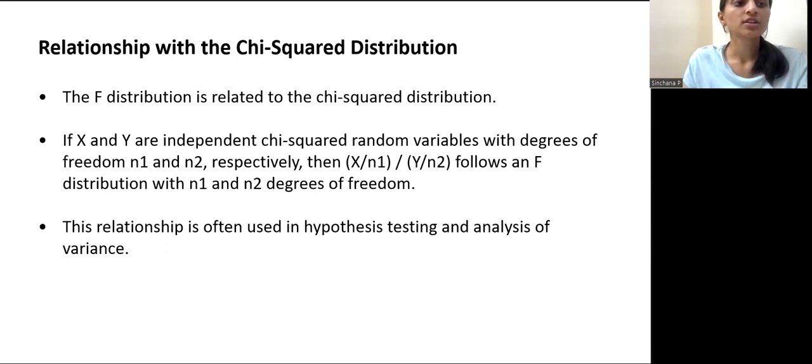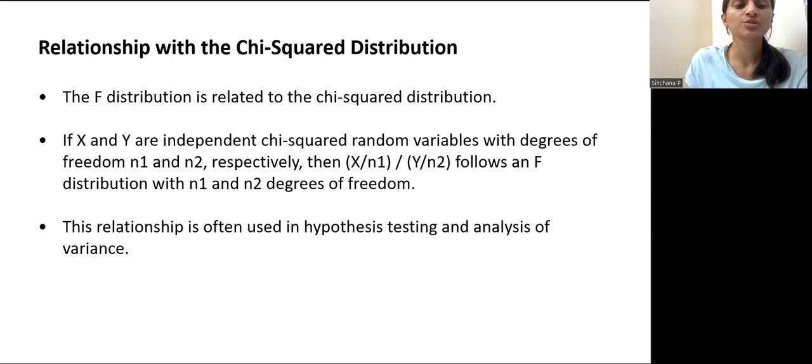Next, advantages of F distribution in statistical analysis. Versatility. It is applicable in various statistical tests, including ANOVA, regression analysis and analysis of covariance. This makes it a versatile tool for comparing variances or testing hypotheses about means across multiple groups.